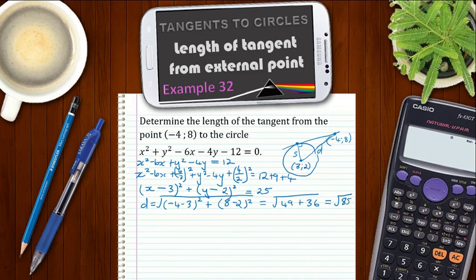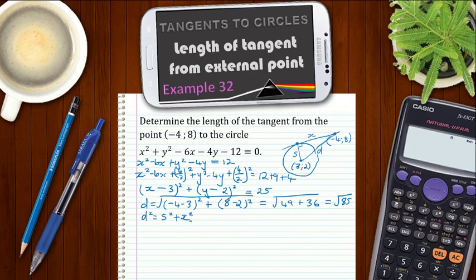Okay, now that we know that distance, all that's left to do is to find our distance from our point to the tangent or to the circle. And let's call that one x. Right, so the distance is the hypotenuse, so that means in Pythagoras your distance squared is equal to 5 squared plus x squared, the two short sides squared.